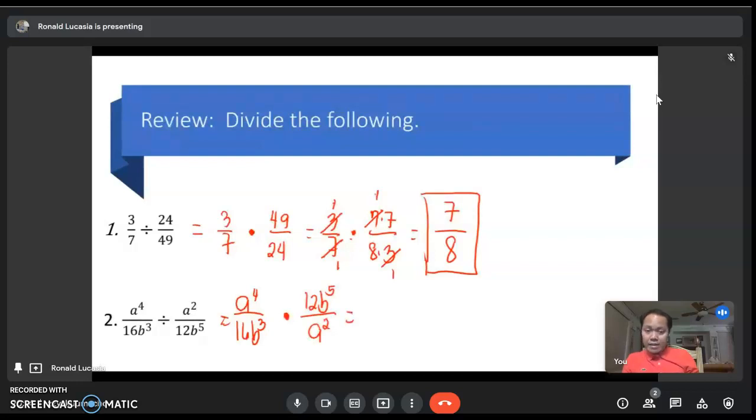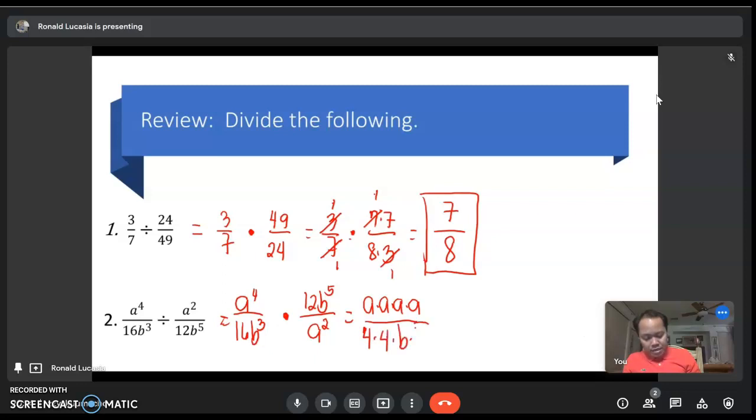So simplifying that, when you expand a to the fourth, that is a times a times a times a. 16b to the third power is 4 times 4 times b times b times b multiplied by, since 12 is divisible by 4 and I use 4 for 16 as a factor, I'm going to use 4 as well, so it would be easy for me to divide the common factor.